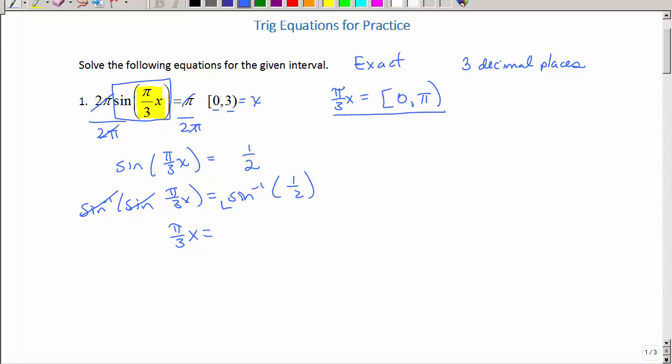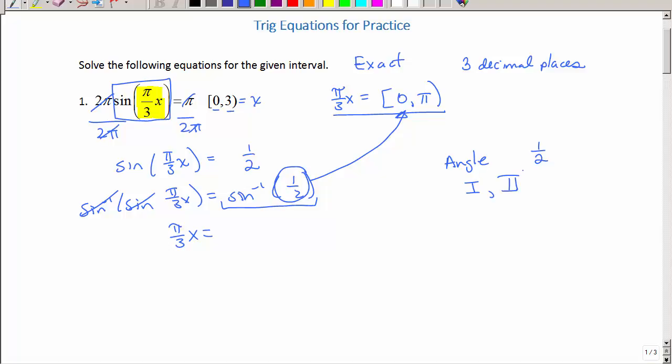But at this point we are asked what angle gives us a ratio of 1/2 in this interval. Let's say that again. What angle gives us a sine ratio of 1/2 in the given interval between 0 and pi, which means quadrant 1 and quadrant 2.